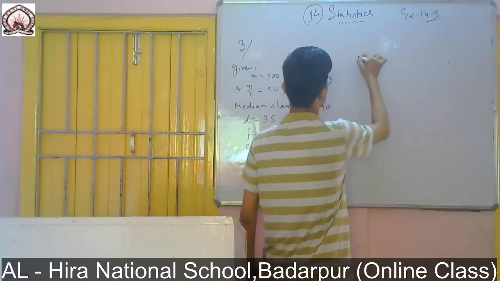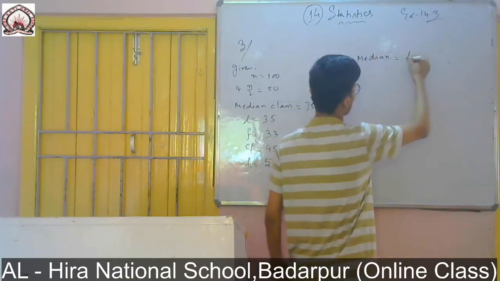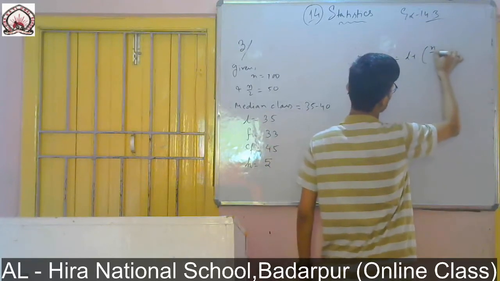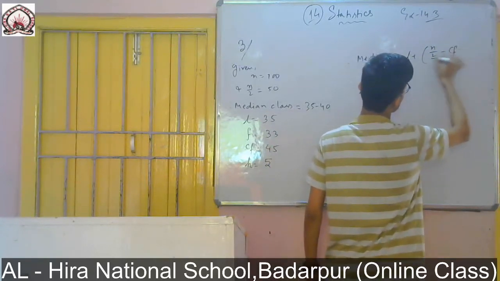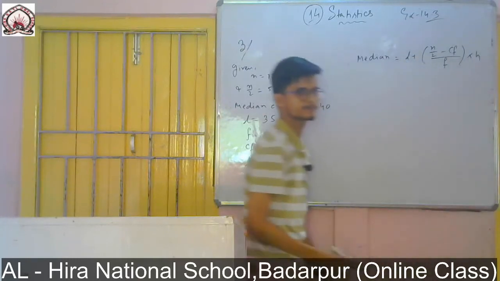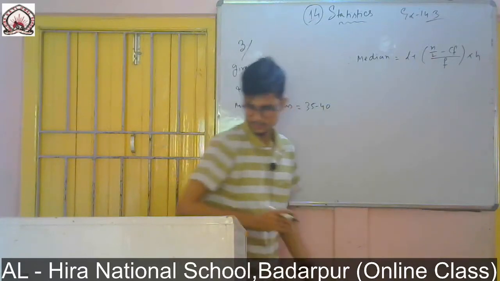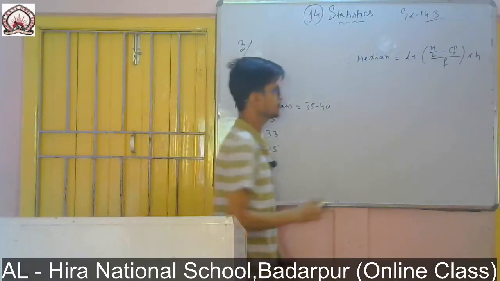Therefore median will be equal to L plus n by 2 minus cf by f into h. We are finding the median.